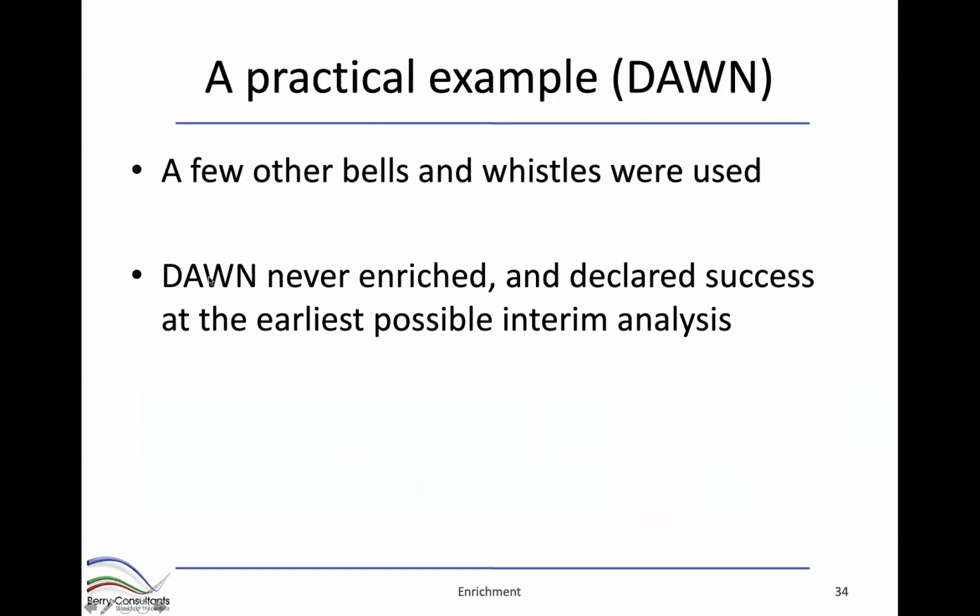One thing that was interesting about DAWN is it actually never enriched, and it declared success at the earliest possible interim analysis. So essentially, DAWN claims success for everyone at the end. And remember, this is an important point. I'm talking about enrichment, and I'm giving an example of a trial that did not actually use its enriching features.